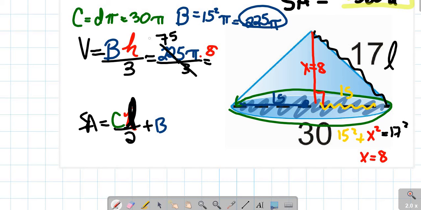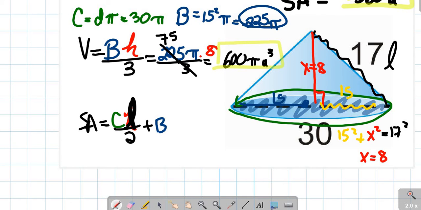So we're going to go 75 times 8. And that's going to be 600 pi units cubed. You can change that into decimal by simply multiplying out by pi, but for simplicity, I'm just going to leave it right there.